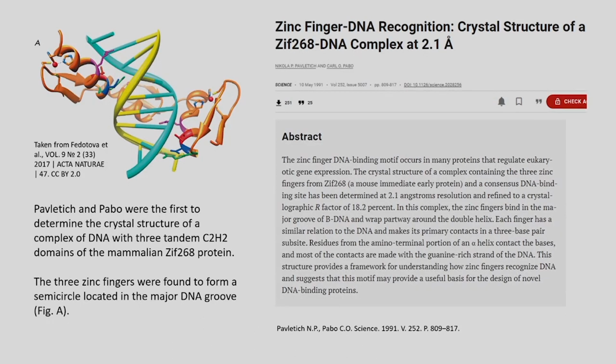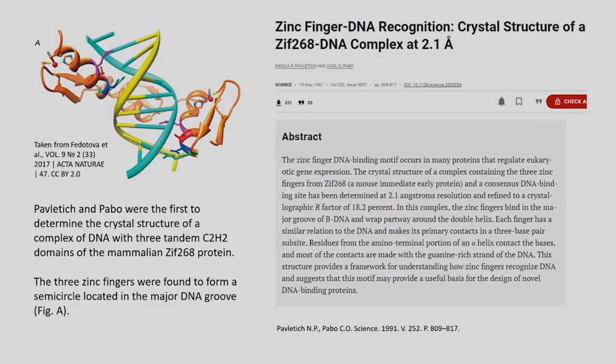So, this is one of the important papers in finding out how zinc fingers recognize DNA molecules, and this work by Pavletic and Pabo were the first to determine the crystal structure of a complex of DNA with 3 tandem C2H2 domains of the mammalian Zif268 protein.